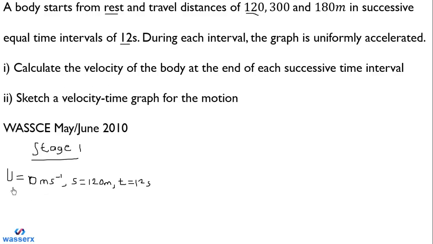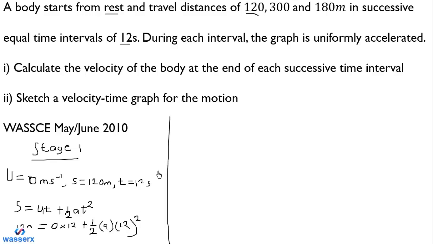Now we calculate the acceleration using the formula s equals ut plus half at squared. We substitute these values to get 120 is equal to 0 times 12, plus half times the acceleration, which we don't know yet, times 12 squared.